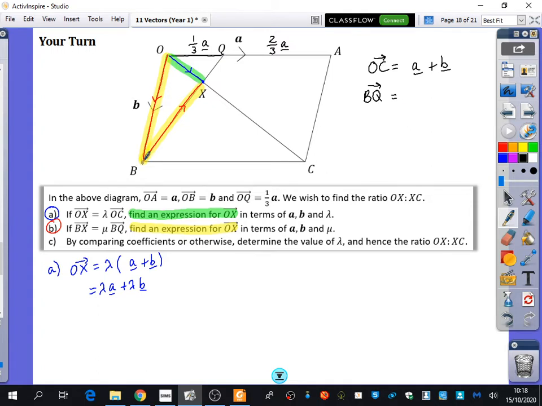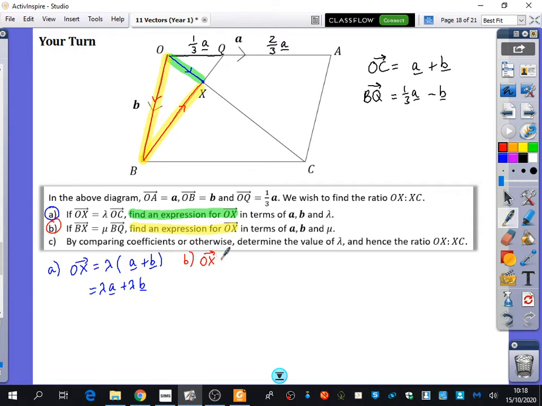Good. BQ is minus B plus a third A. So that's minus B plus a third A. I've just written them that way around because it makes sense to start with A, especially when A is positive and B is negative. So that's what BQ is equal to. So for part B of the question, we're also going to find an expression for OX.